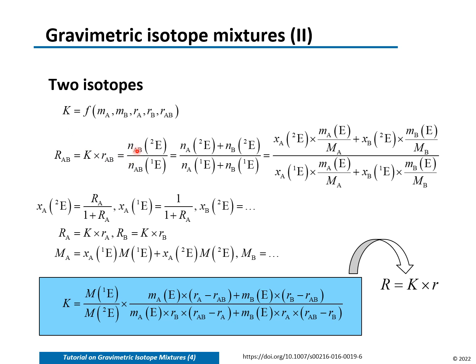All amounts N and the amount fractions x can then be replaced using the well-known masses and the signal intensity ratios, yielding in the end the equation in the blue box that allows for the calculation of the K factor directly from the intensity ratios, the masses that were mixed, and the molar masses of the isotopes here in the beginning of the equation. The resulting K factor can then be used to convert the intensity ratio into the SI traceable isotope ratio.